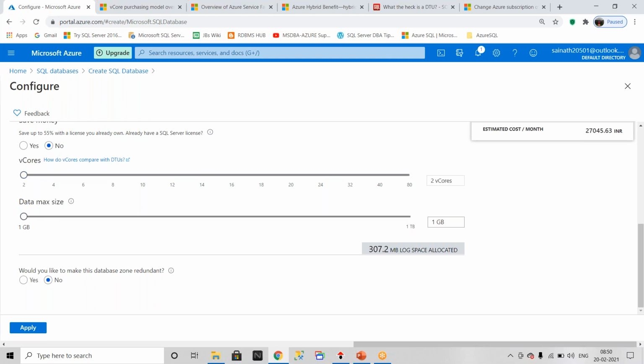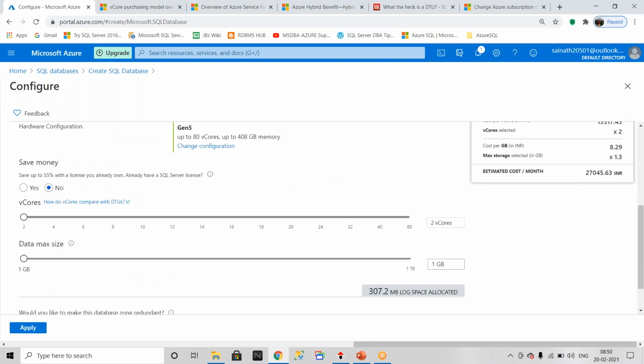The minimum in vCore is 2 vCores. You cannot deploy your Azure SQL database, managed instance or elastic pool with 1 core. So minimum 2 cores. Getting my point?